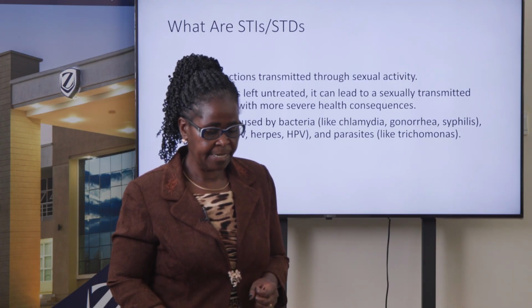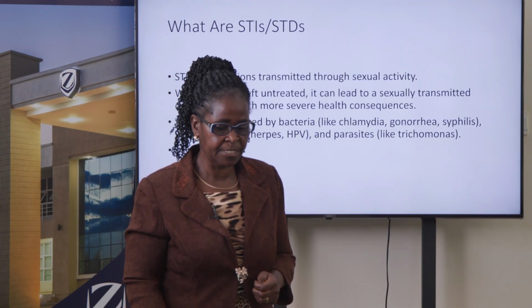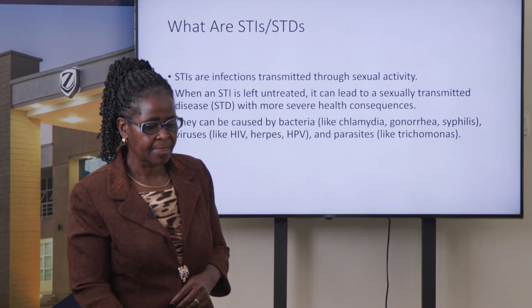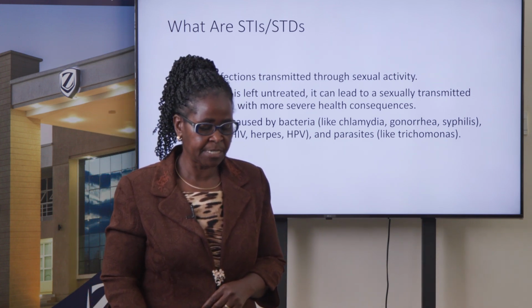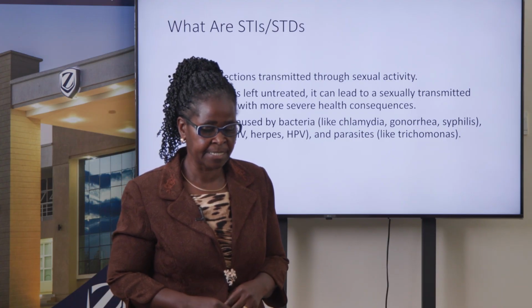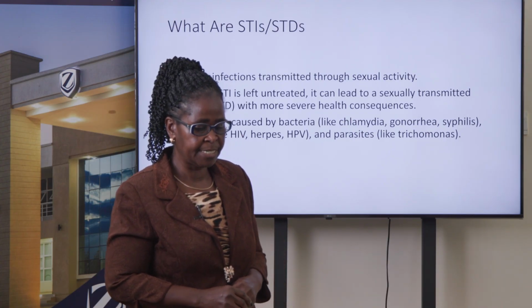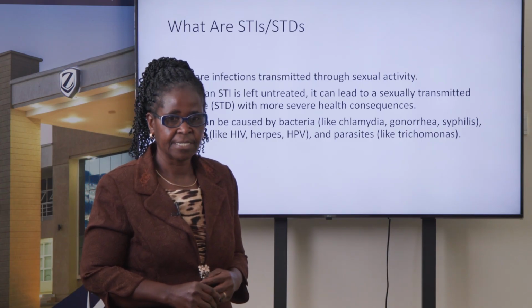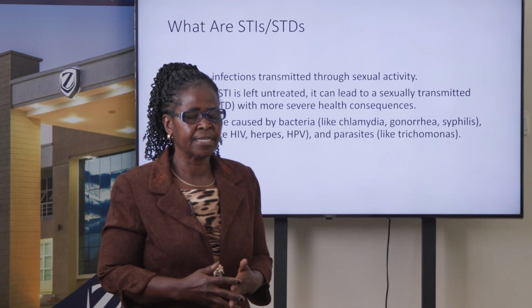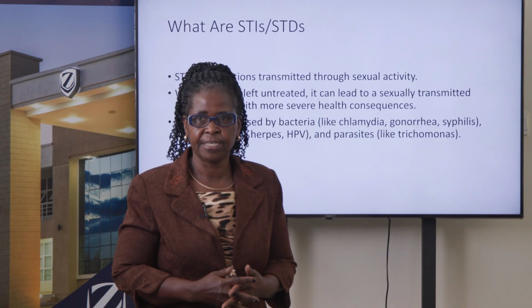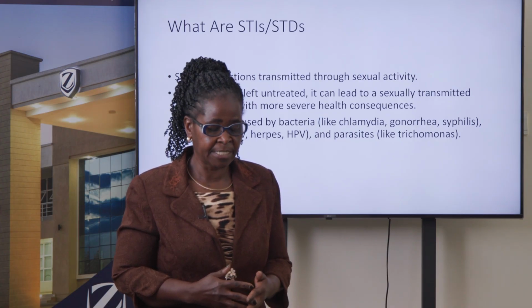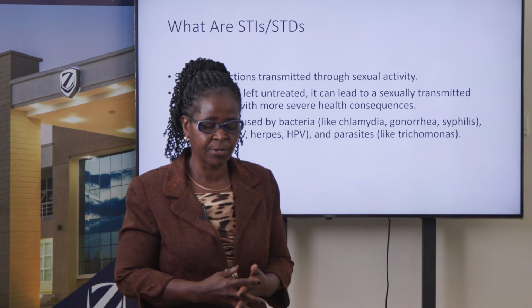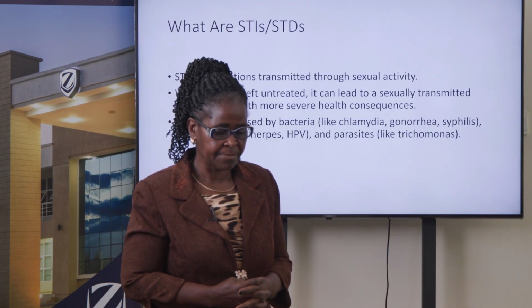So we have said again, sexually transmitted infections are infections transmitted through sexual activity. When a sexually transmitted infection is left untreated, it will lead to the disease with more severe consequences. An example is HIV: you have the infection, and then you can get AIDS, which is the disease.